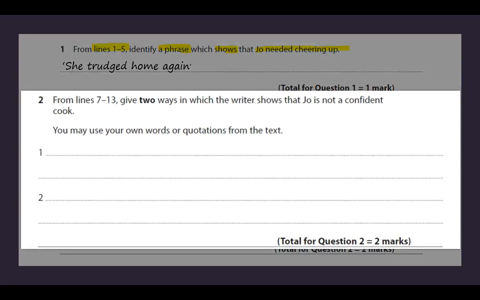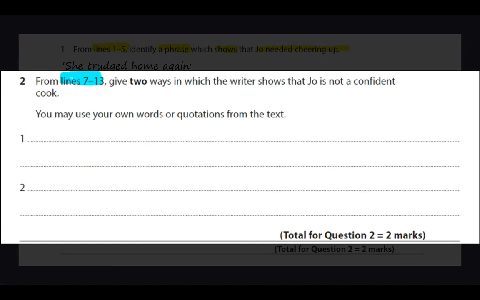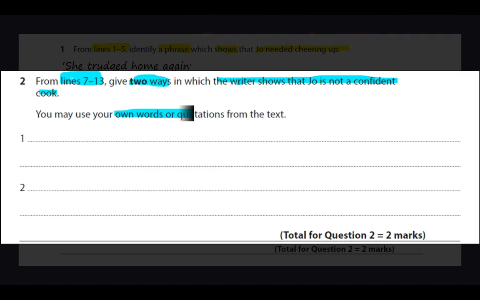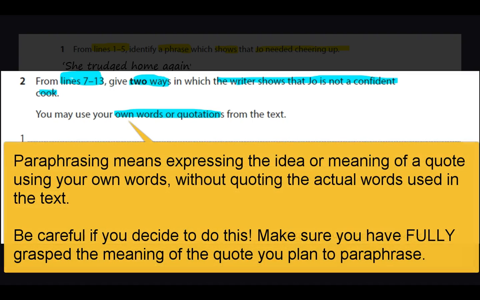Now, when we turn to question 2, again, we're given a very narrow line reference, lines 7 to 13. This time, we are asked to give 2 ways in which the writer shows that Joe is not a confident cook. Now, for this question, you will always be told that you can use either your own words or direct quotations.